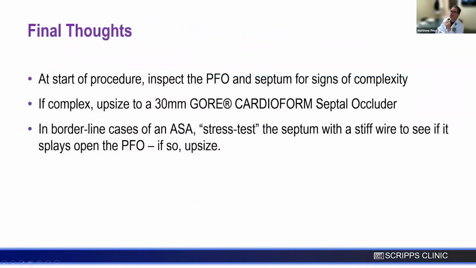So final thoughts. At the start of the procedure, inspect the PFO and the septum for signs of complexity: long rigid tunnels, aneurysmal septum, thick septum secundum, or a combination thereof. If complex, upsize to a 30 millimeter device. I also think if you have any of those characteristics, the Cardioform device performs very nicely.